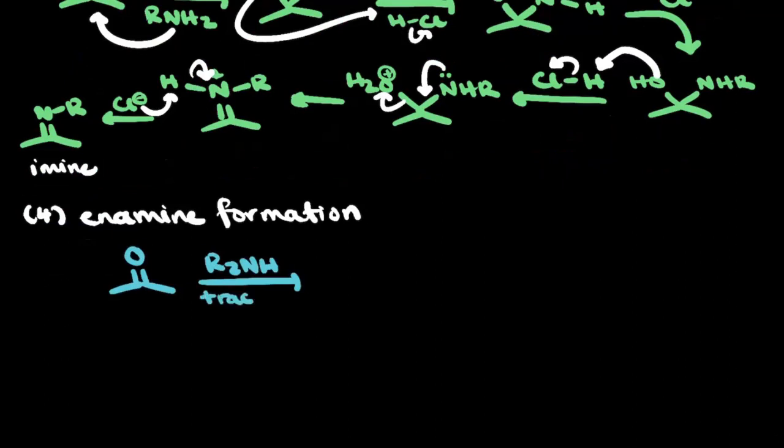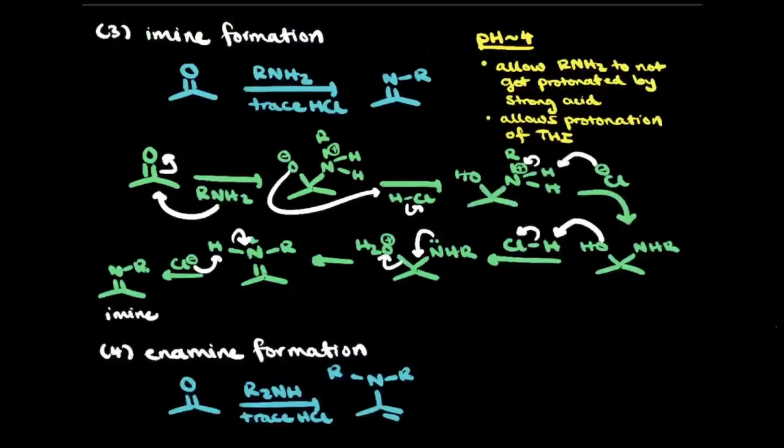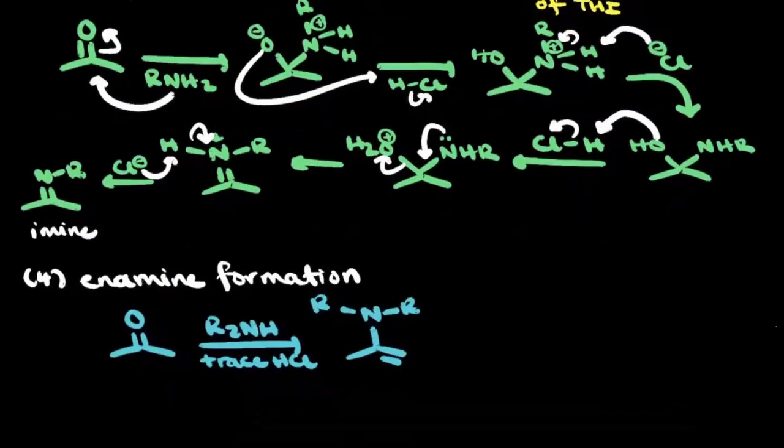And the product ends up looking more like this instead. The reason why it looks like this, unlike the imine earlier, is because you can't deprotonate that very last acidic proton on the amine. So you have to go in and look for the next best thing. Okay, so that's how the enamine looks like all the way there at the bottom.